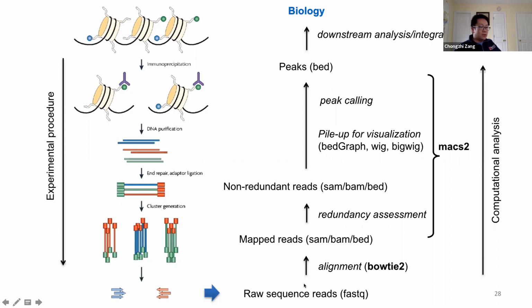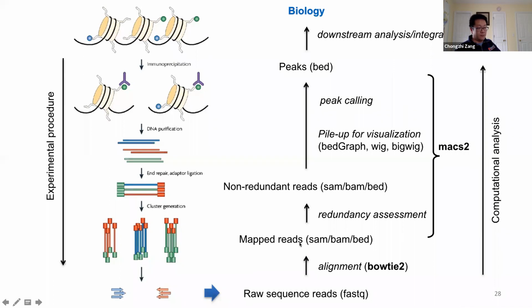And we do sequence alignment using a tool called Bowtie 2, among other tools, of course, to get the mapped reads. The difference between the raw sequence reads and mapped reads is that for the mapped reads, we will know the genomic location, the genomic coordinates of each of the sequence reads.